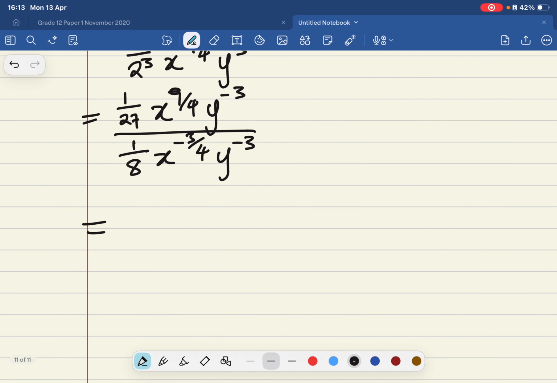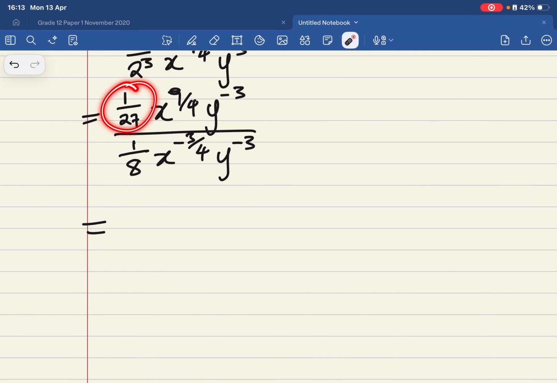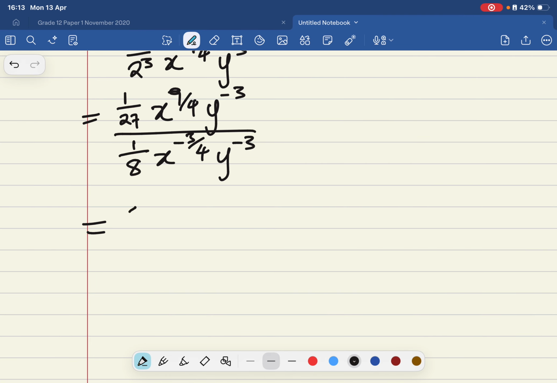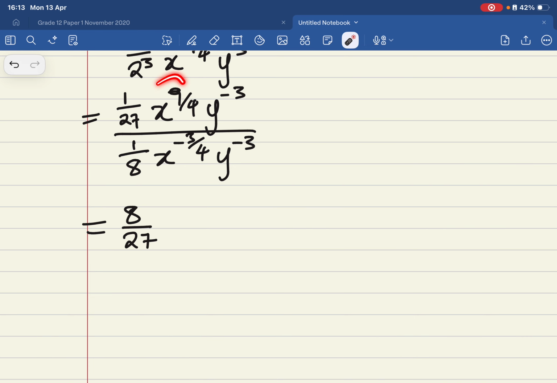Let us divide the numbers. This one is going to divide this one. So 1 over 27 divided by 1 over 8 is going to be 8 over 27. And then this one and this one, powers of the same base, we are dividing.